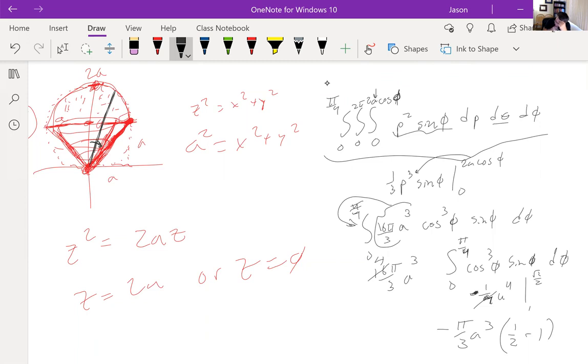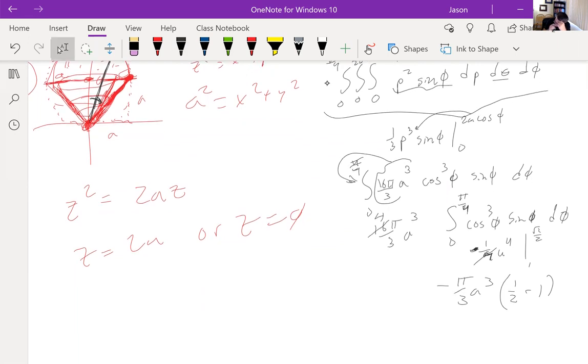Maybe that's not 16. Maybe that's 8. Oh, I had a 16 because of the 2 pi. That's right, because of theta. Should be right.